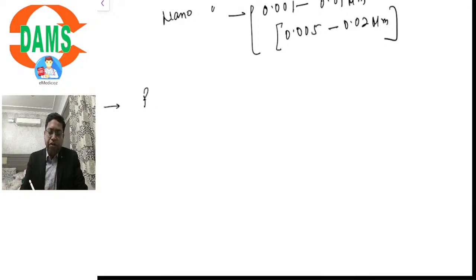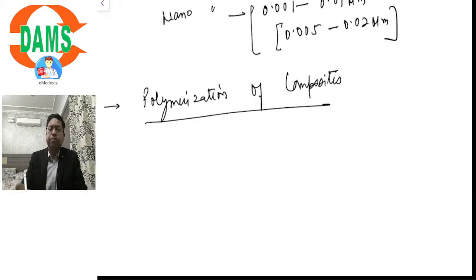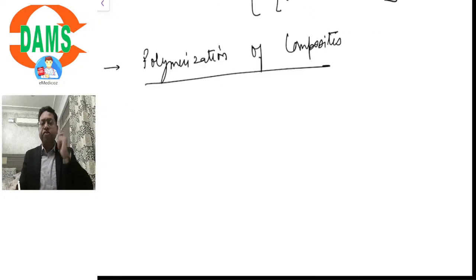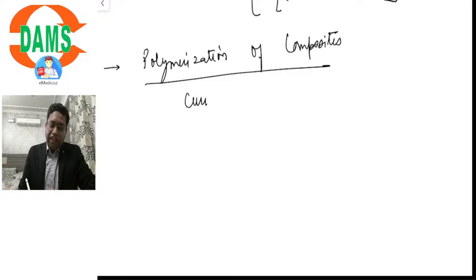Now we talk about polymerization of composites. For polymerization, as we have already seen, the majority of the dental composites are visible light cured. So for polymerization, we use curing lights, which are the activators.